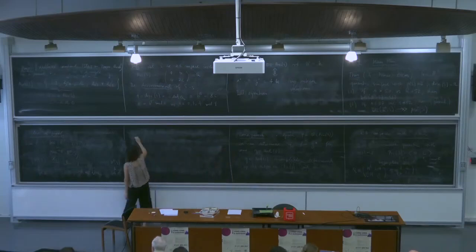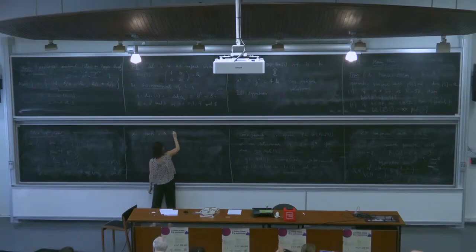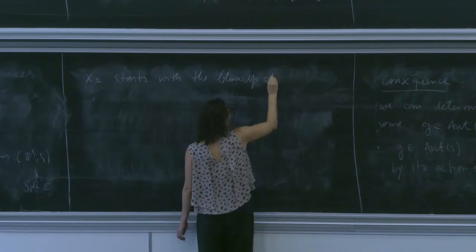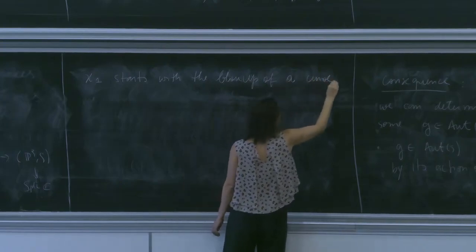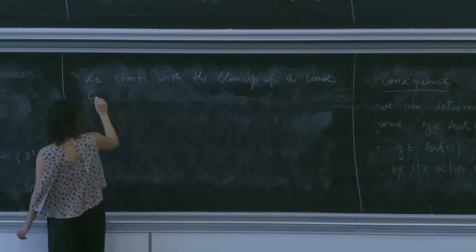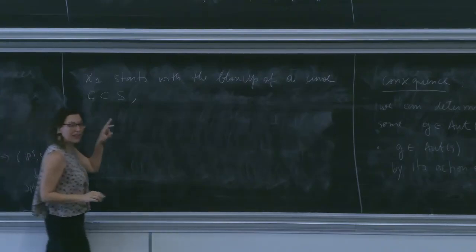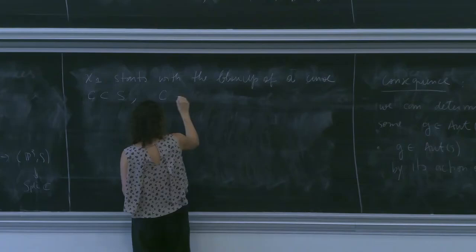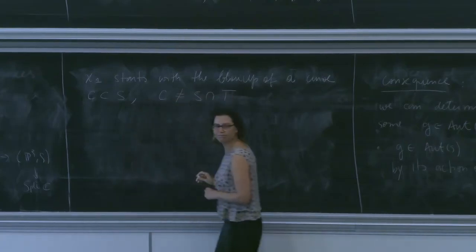So the first link starts with the blow-up of a curve C contained in S. And moreover, we saw also that this curve cannot be a complete intersection. So C cannot be of the form S intersection T.